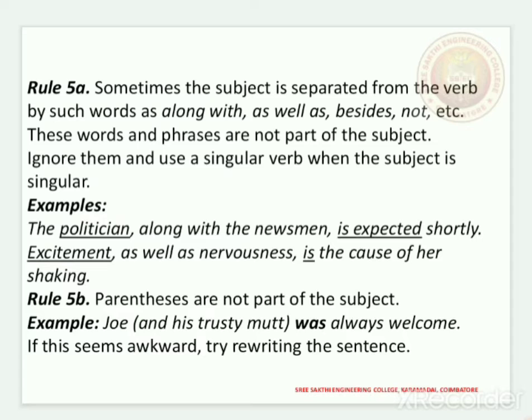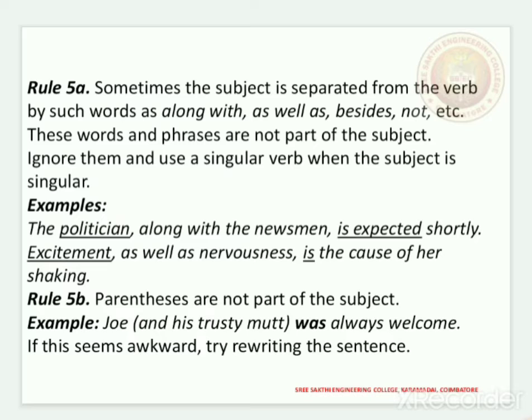Ignore them and use a singular verb when the subject is singular. Examples: the politician, along with the newsman, is expected shortly. Excitement as well as nervousness is the cause of her shaking.